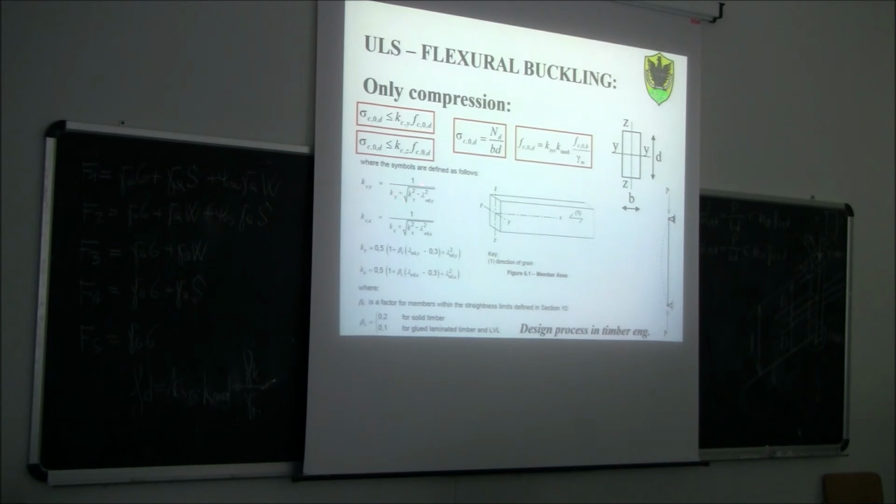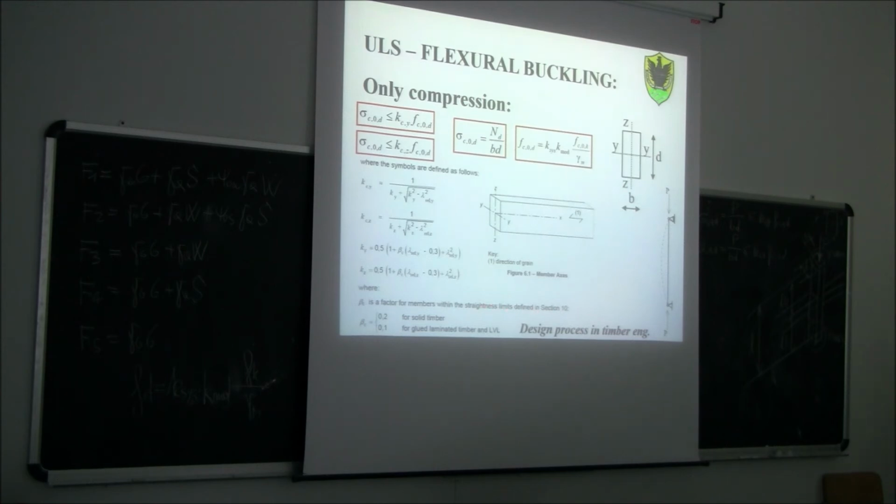k_cy, you see, depends on k_y and lambda rel y. Now, k_y depends again on the relative slenderness ratio, this lambda rel y, and also on the coefficient beta c, which is a factor for members with a straightness limit defined in section 10.